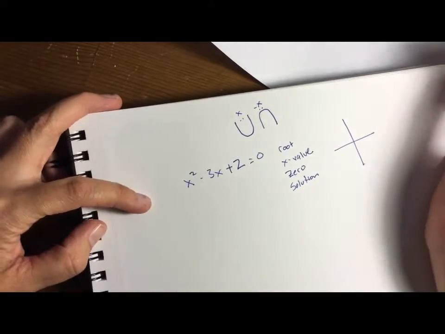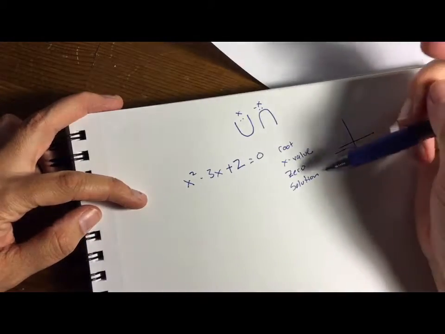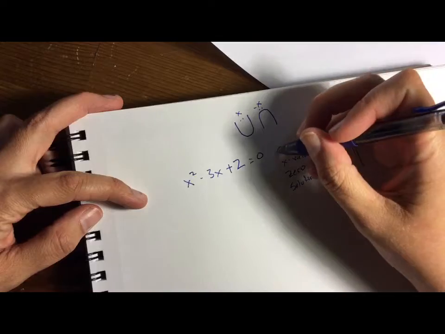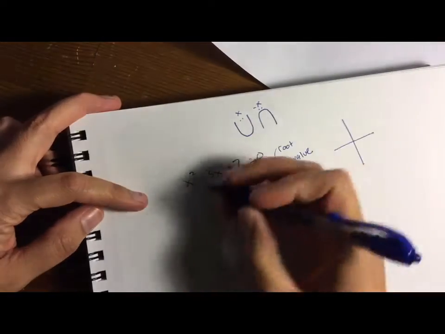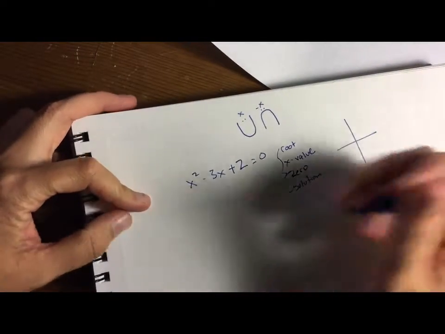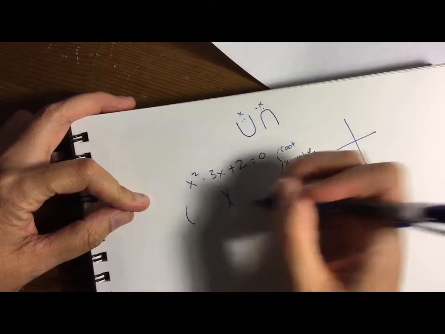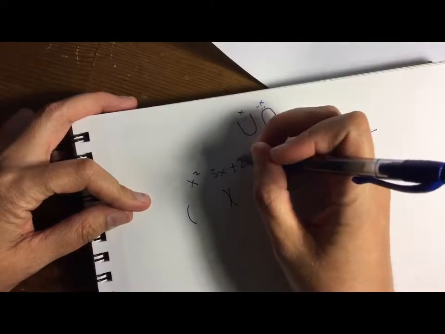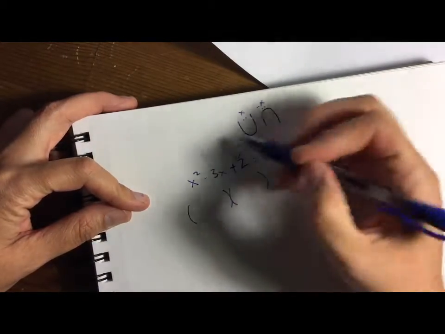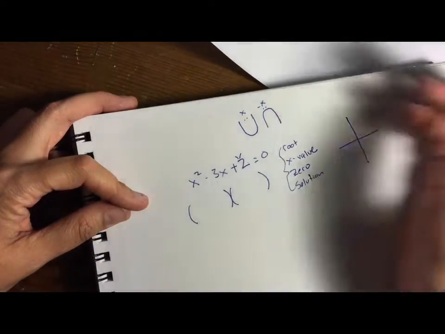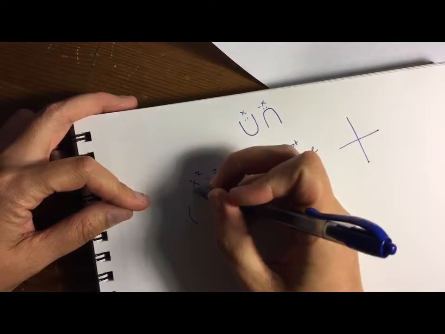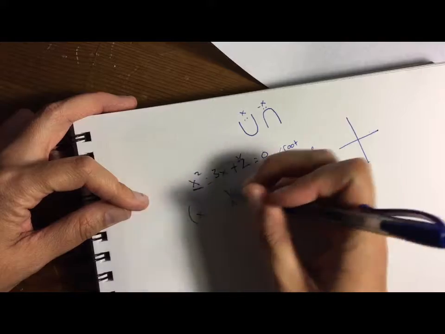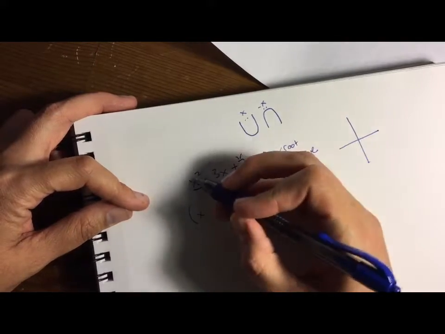In order to figure out what all these things are, you have to factor this. If it's factorable, remember, you think, what do we multiply to make 2 that would add to give us 3, and in this case a negative 3. So we take the square root of x squared, so that's x and x, and x times x gives us x squared.